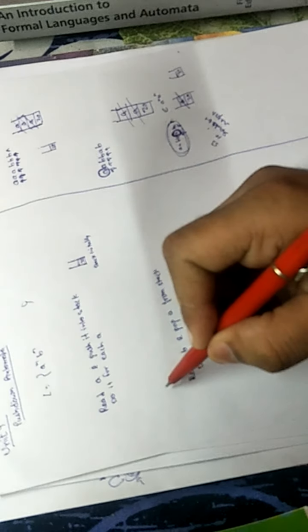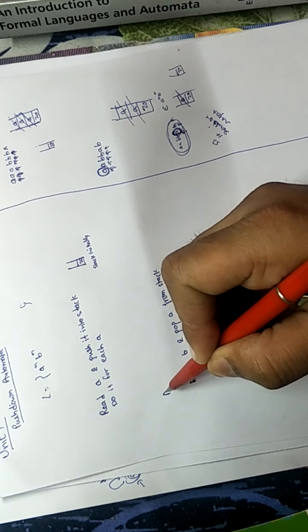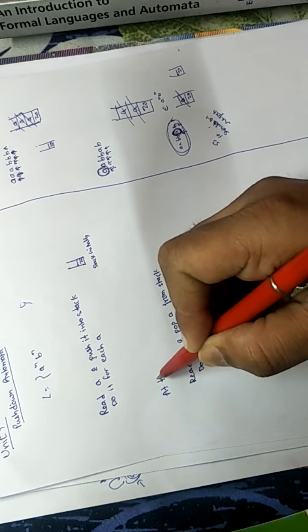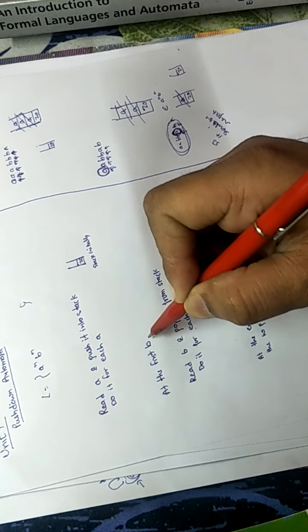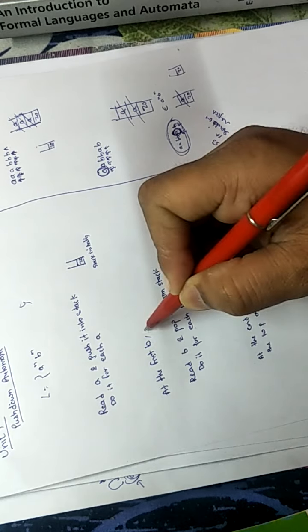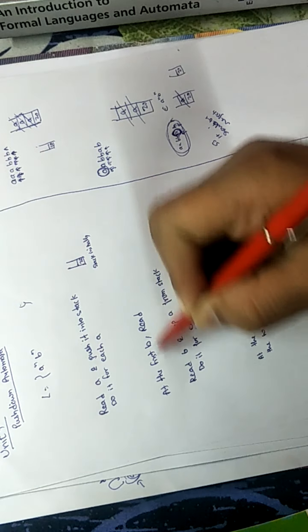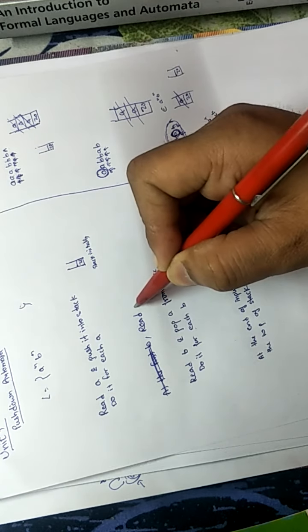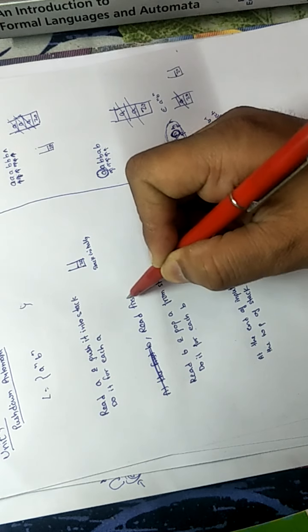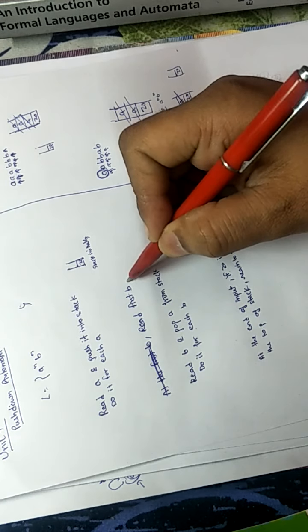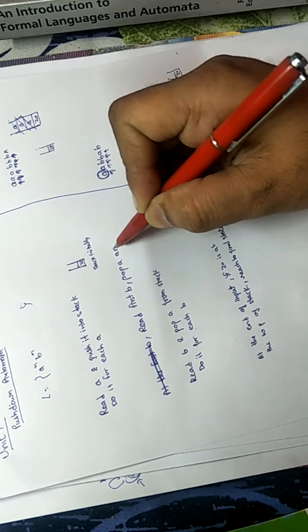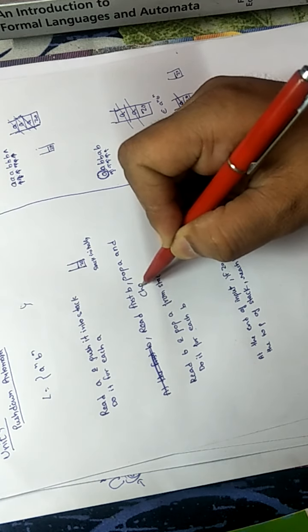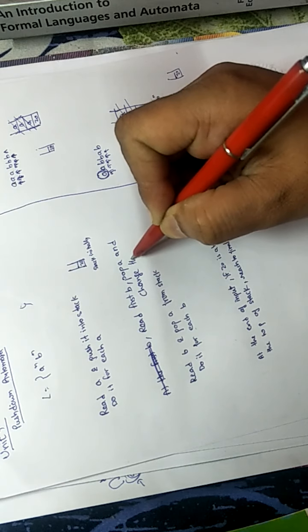So what we need to do: at the first B, pop A and change the state.